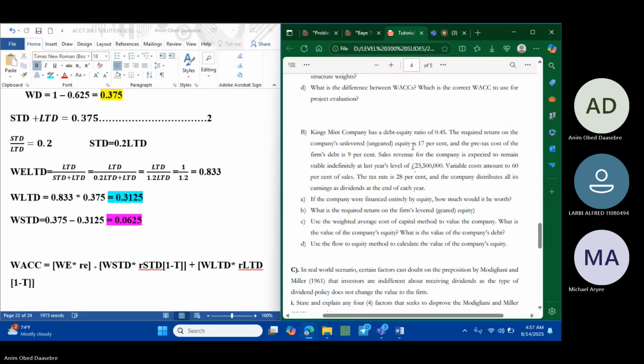Then you take the after-tax value and divide it by the 17%. That gives you the equity.